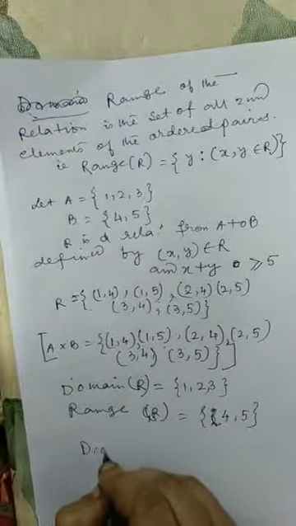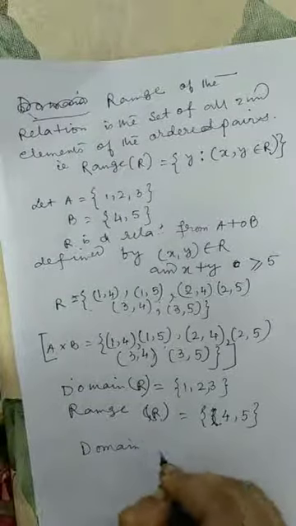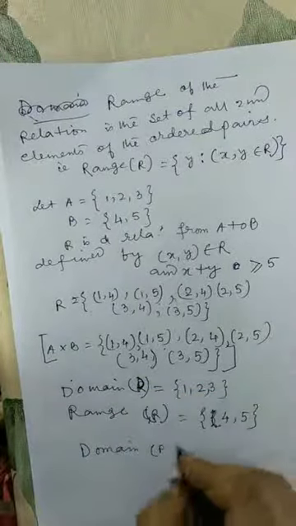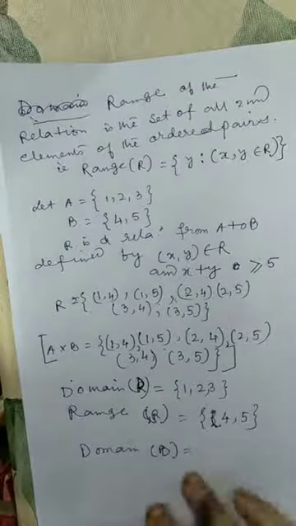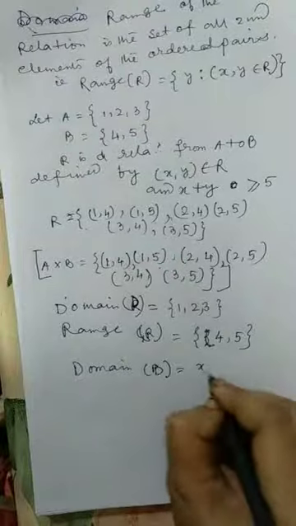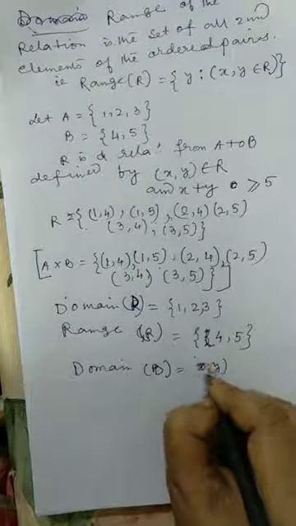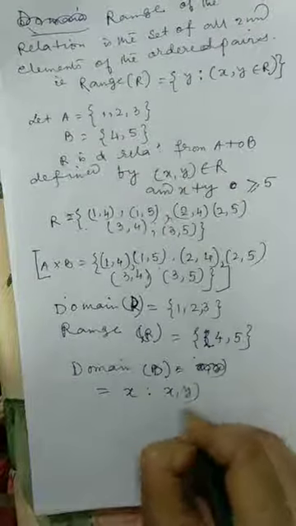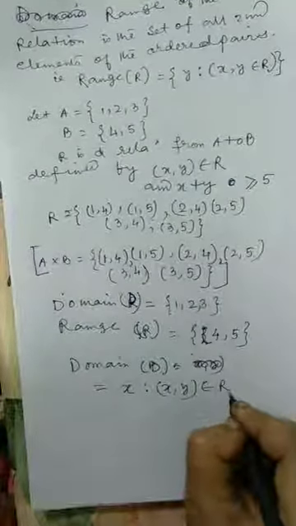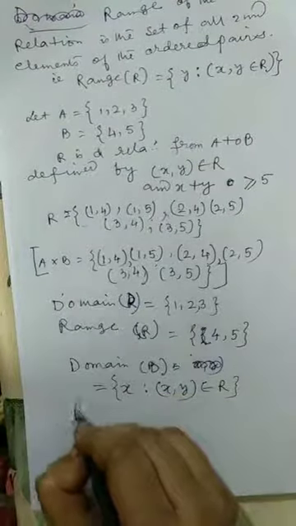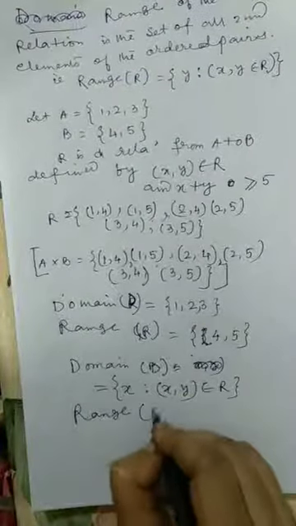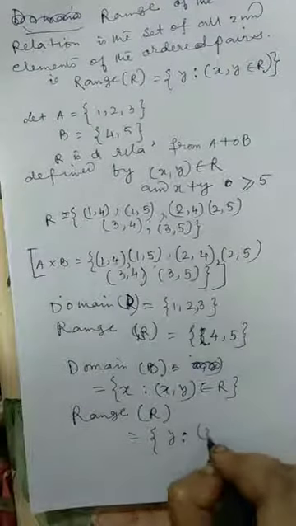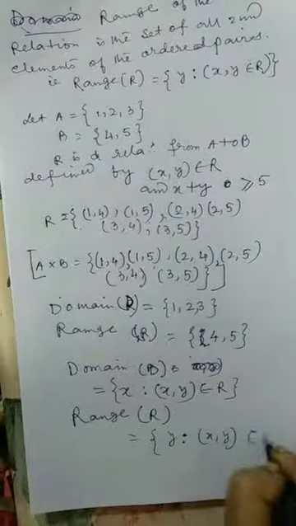Because I know domain R equals {x such that (x, y) belongs to R} and range R equals {y such that (x, y) belongs to R}.